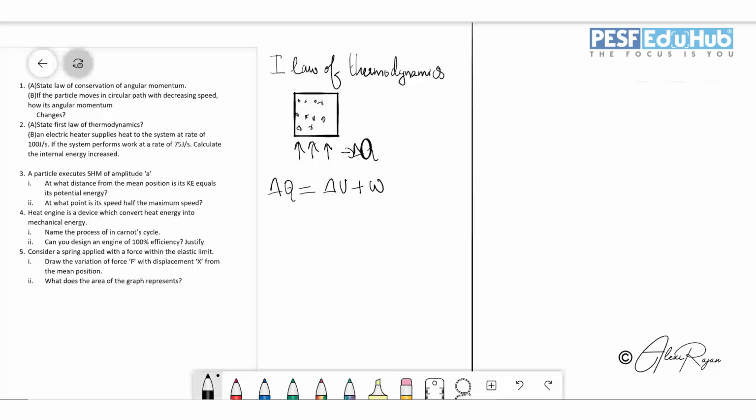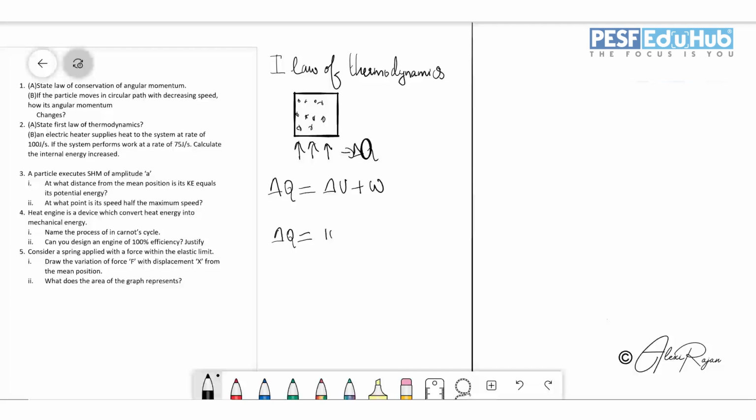And the second sub question. An electric heater supplies heat to a system at a rate of 100 joules per second. That means the electric heater supplies heat to a system, so delta Q is equal to what?